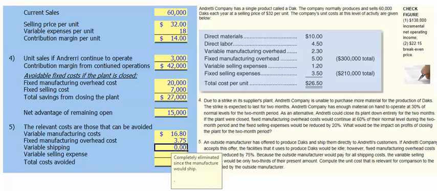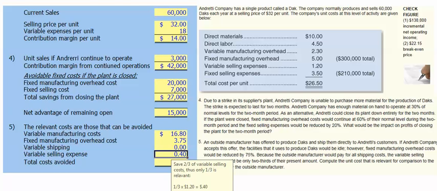Our variable selling expense, we're told that only 1/3 of it is relevant. In other words, 2/3 of it could be eliminated. So out of the variable selling expense of $1.20, only 40 cents is a relevant cost or an avoidable cost.